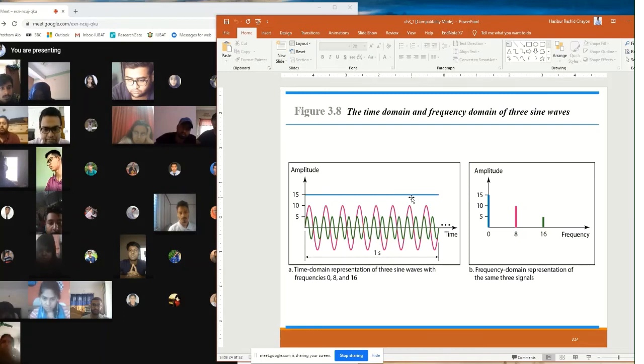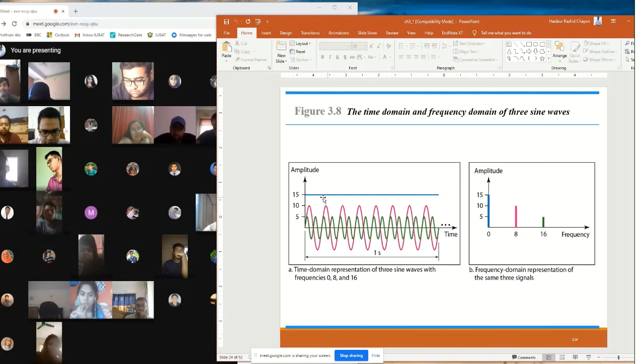Zero, correct. The blue signal does not have any full cycle in 1 second, so the frequency of the blue signal is 0. That's why, whenever you convert it, the frequency on the x-axis is 0.